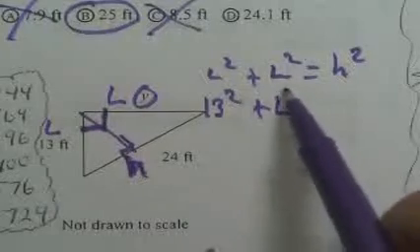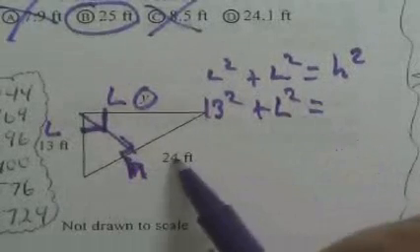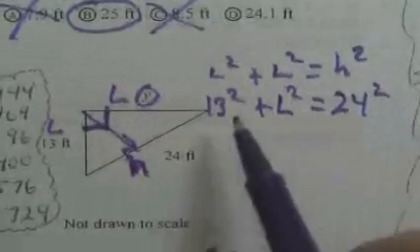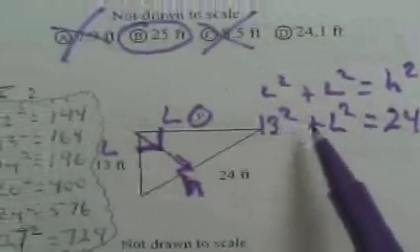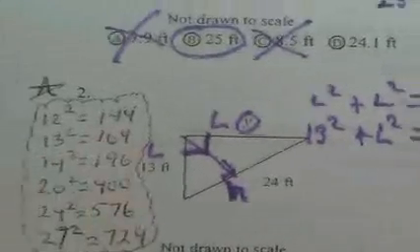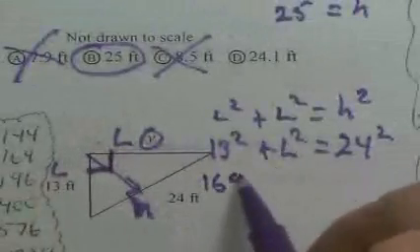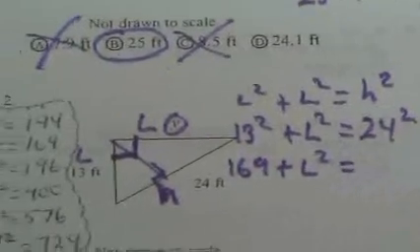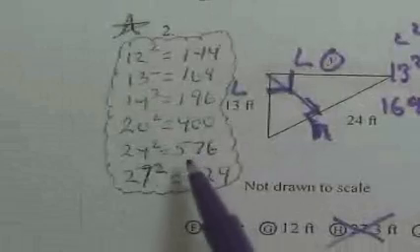That's what we have to find out. And the hypotenuse is 24. Okay, so 13 squared. By the way, I wrote that to the side. 13 squared is 169. You don't know what L is. And 24 squared, I wrote that to the side. That's 576.